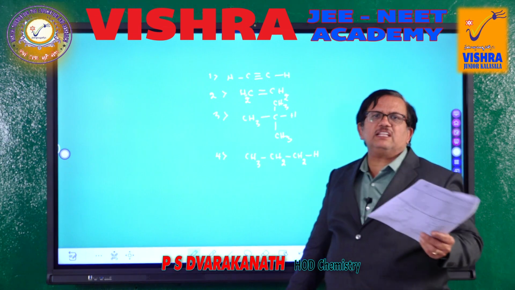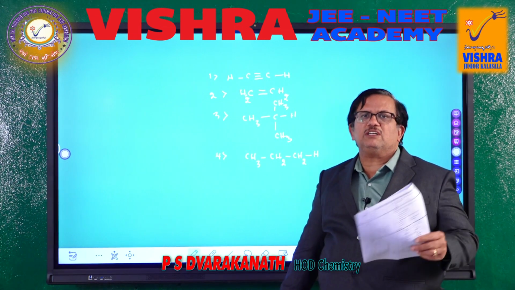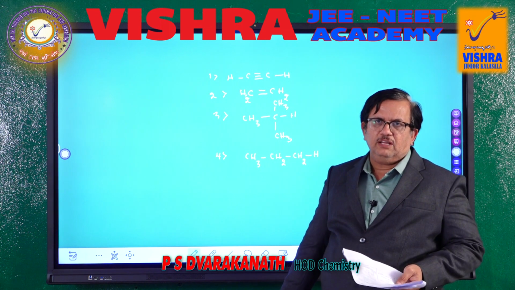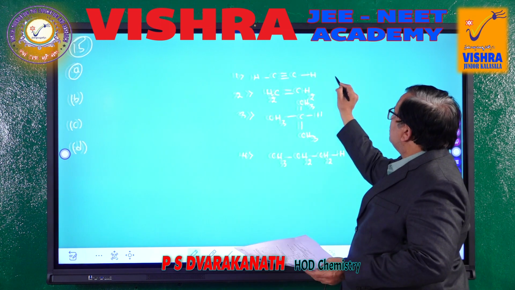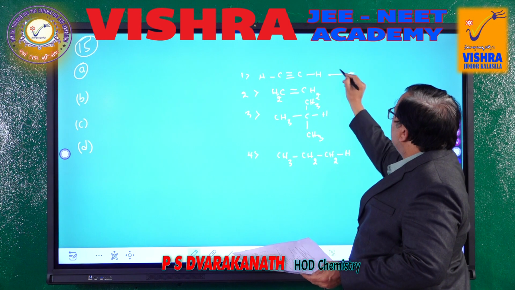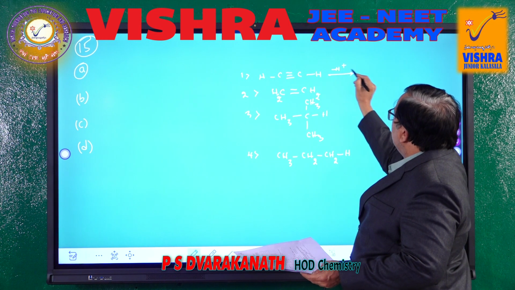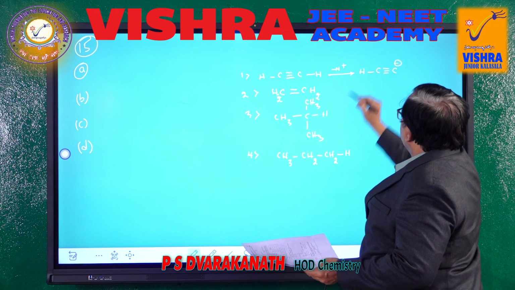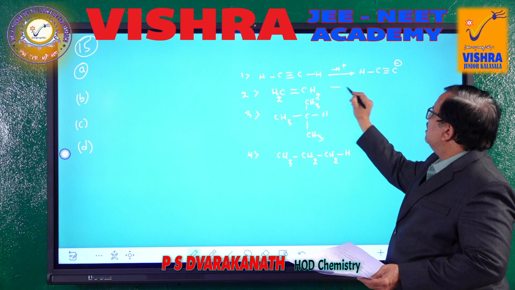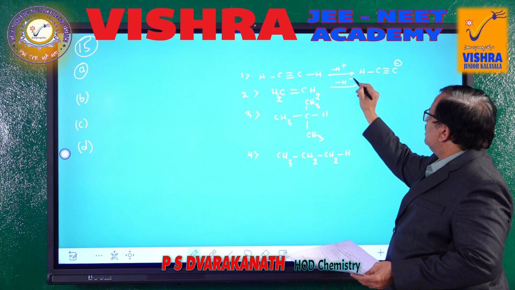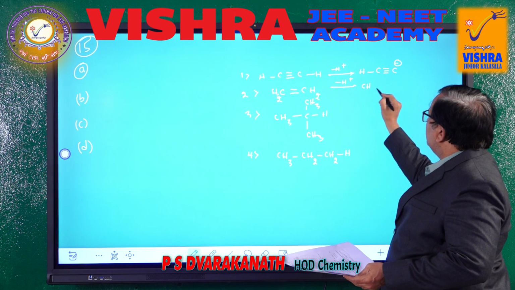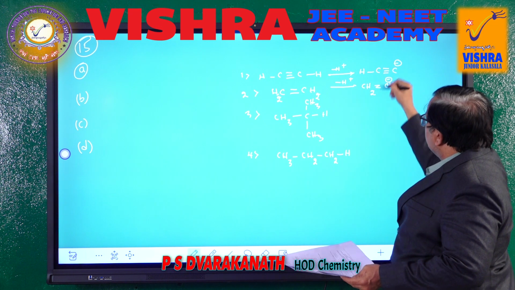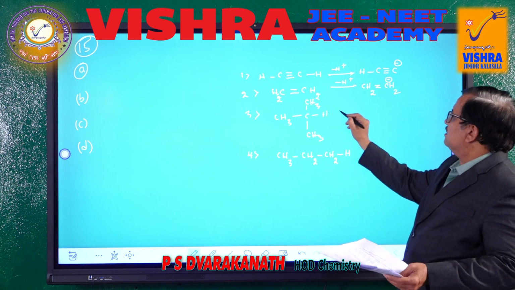Okay, if they are showing the acidic property, what you have to consider? You have to consider the stability of the conjugate base. That means if this loses hydrogen H plus, then this is acetylide ion. Next, when it loses the H plus, it is ethanide ion. You have to look over the stabilities of these ions.